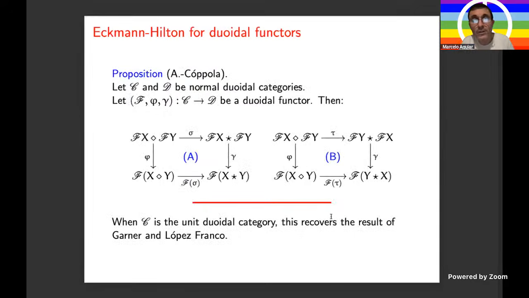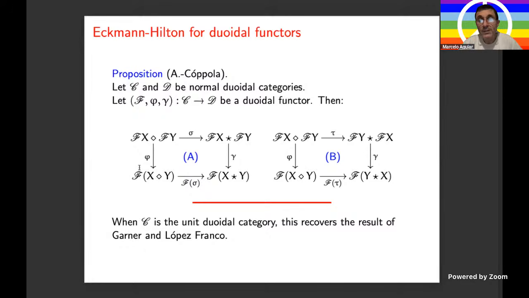Here's our generalization of the result of Garner and López-Franco, or the first part of that. If you have a duoidal functor between normal duoidal categories, then it happens that these two diagrams, A and B, commute.